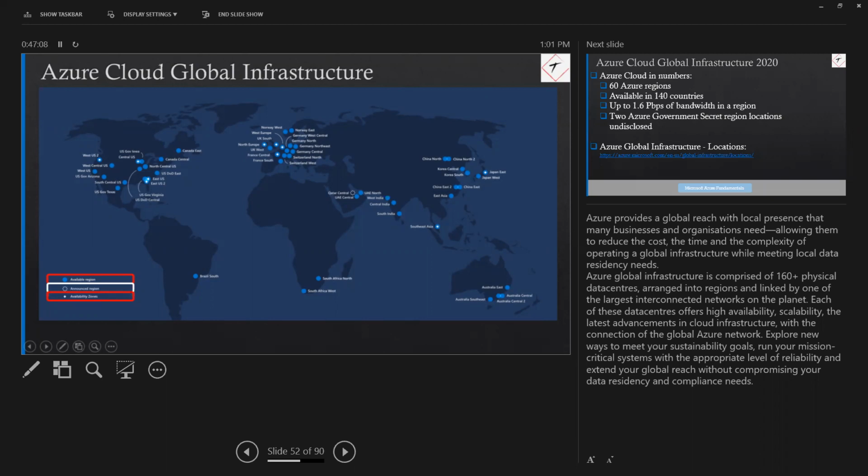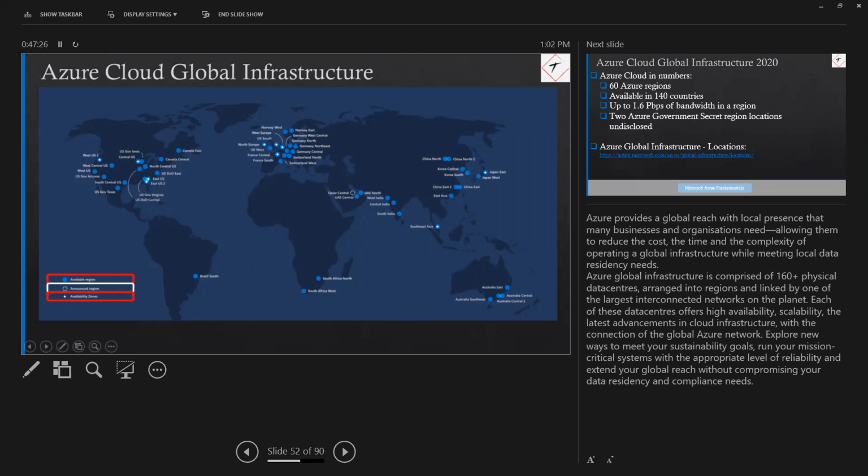You also have a lot in, let's say, China, Japan, and Korea. The dotted ones are the upcoming ones. So you have one of them coming up in Qatar, as shown here.